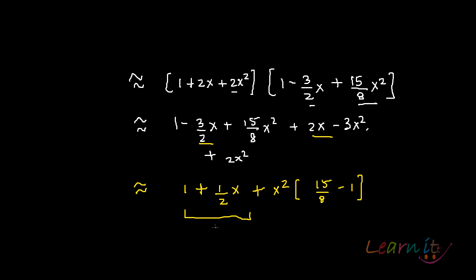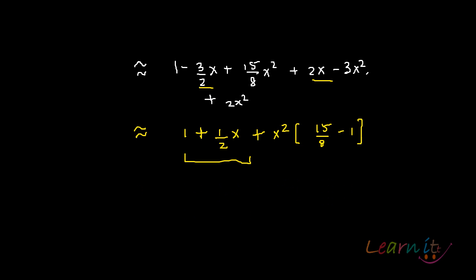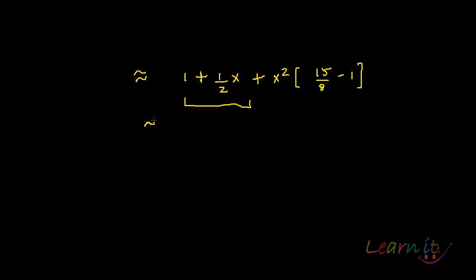Okay, which is essentially 1 plus x by 2 plus (15 minus 8) gives me 7 by 8 x square, and this is our quadratic approximation of the function.